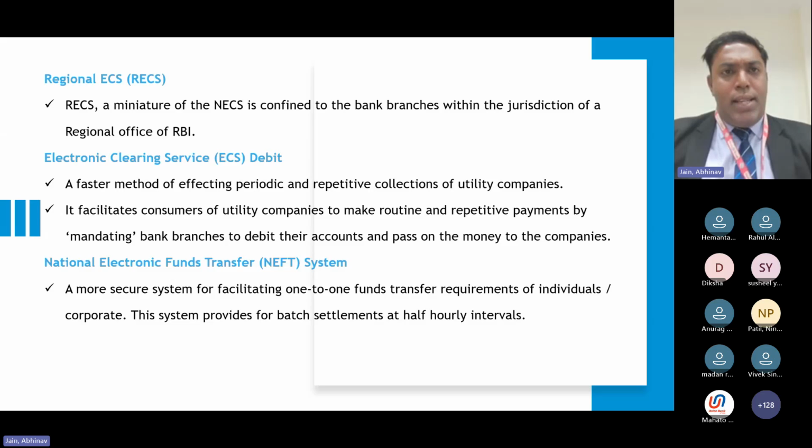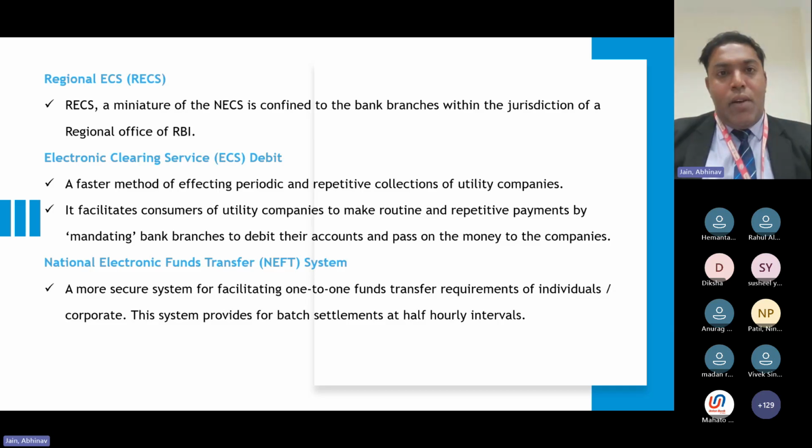On the same lines as NECS, a miniature called RECS, Regional Electronic Clearing Service, has been started by RBI for regional collections. Again, electronic clearing service debit is a faster method of effective periodic and repetitive collection for utility companies like electricity or telecom companies.